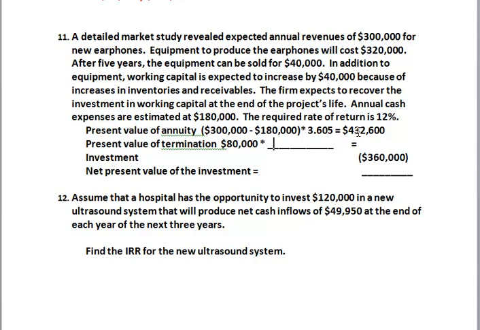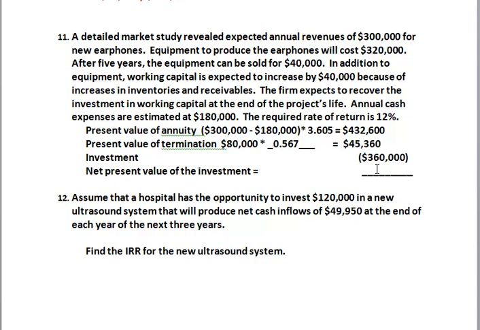They just happen to be the same dollar figure, so they add up to $80,000. But it's going to be a one-time amount that you will receive when the equipment is done, at the end of year 5. So your present value factor is 0.567. That's going to give you $45,360.